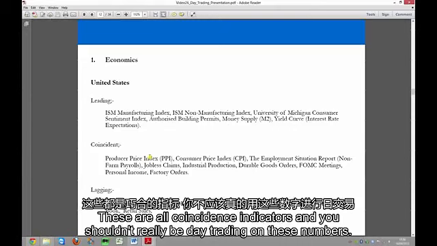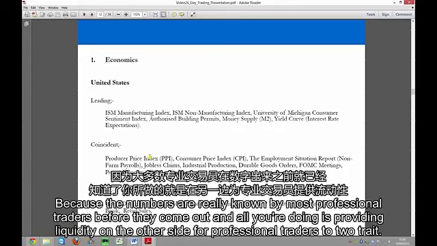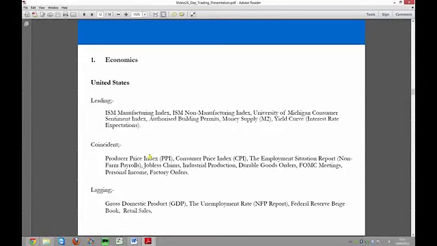These are all coincident indicators, and you shouldn't really be day trading on these numbers, because the numbers are really known by most professional traders before they come out, and all you're doing is providing liquidity on the other side for professional traders to trade.